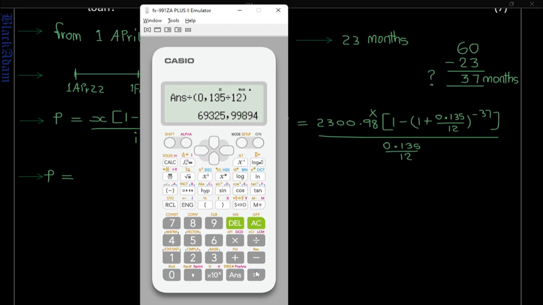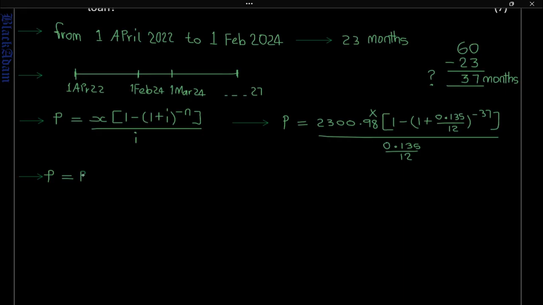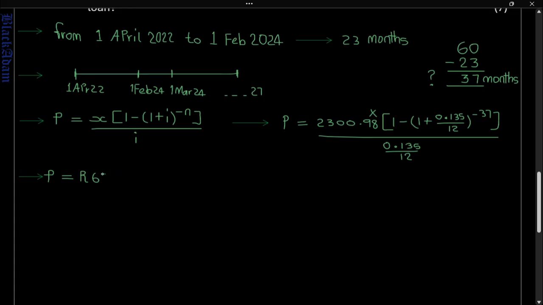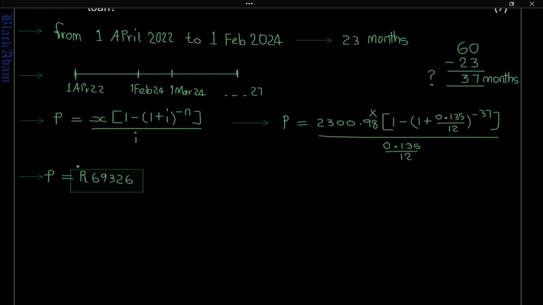It's very important that you double check. So 69,000, it does make some sense. It's 69,326 when we round off. So that's the amount outstanding.